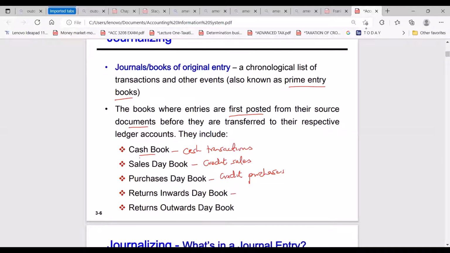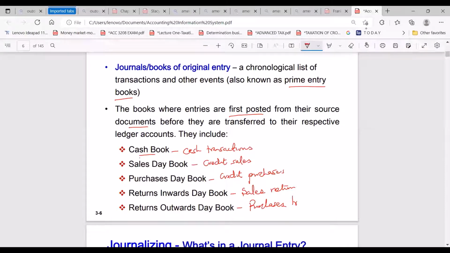The return inwards day book records sales return transactions. And the return outwards day book is where we record purchases return transactions.